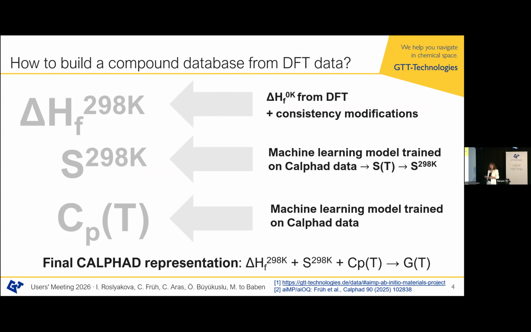So we need to introduce a certain correction scheme which makes this data thermodynamically consistent, which is very important in order to get good results. This is the first step. As soon as we have our thermodynamically consistent data, we can finally apply our machine learning model, and it can be any of them, to get the temperature dependence for the entropy and for the heat capacity. Because if you'd like to derive the Gibbs energy, we need to know all three of these components.